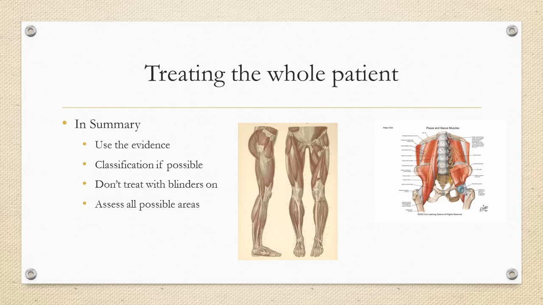Make sure we've addressed all four of those areas with whatever techniques or tools we have at our disposal: manual therapy, soft tissue mobilization, muscle energy techniques, joint mobilization, dry needling, ASTIM, whatever we need to do. We use it all in the appropriate areas as needed to address any potential dysfunction and hence get our patients back to normal function.